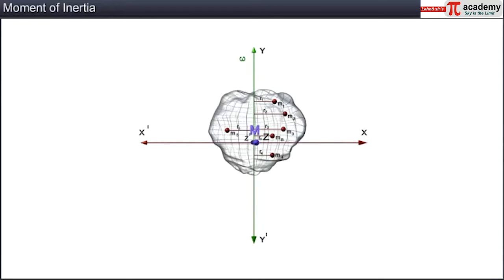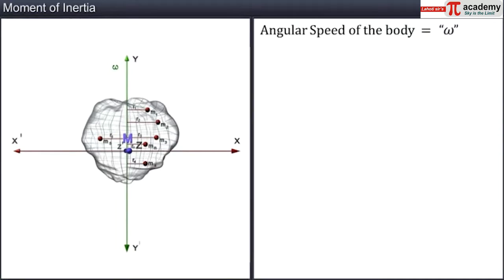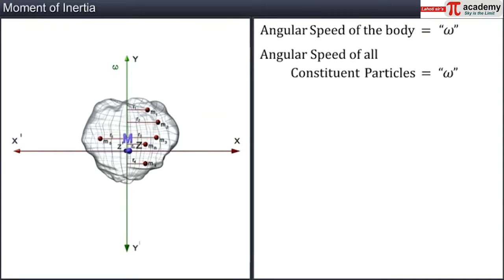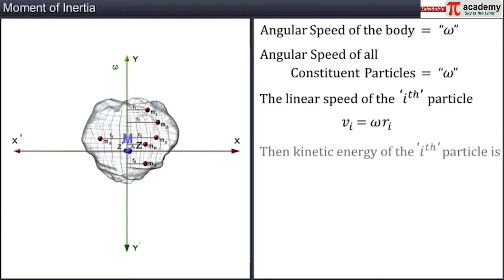Since the rigid body is rotating at an angular speed omega, the angular speeds of all the constituent particles are also equal to omega. The linear speed of each particle can be found using the relation v is equal to omega r. For the ith particle, the linear speed vi is equal to omega ri. Then, the kinetic energy of the ith particle is Ki is equal to half mivi square, which is also equal to half miri square omega square.